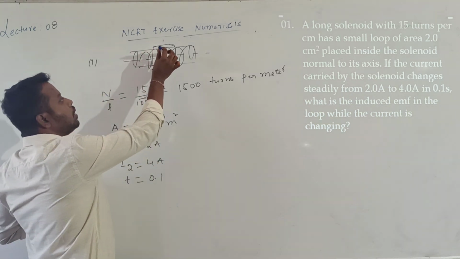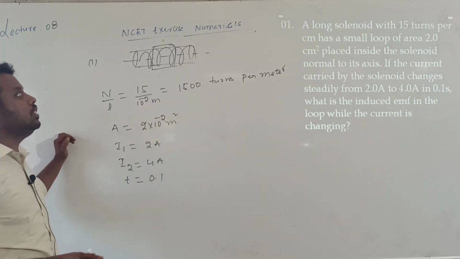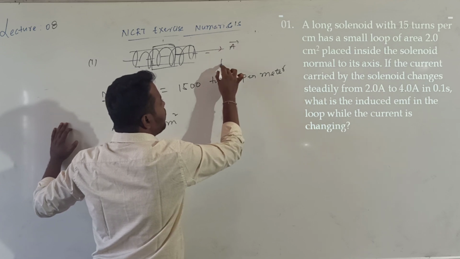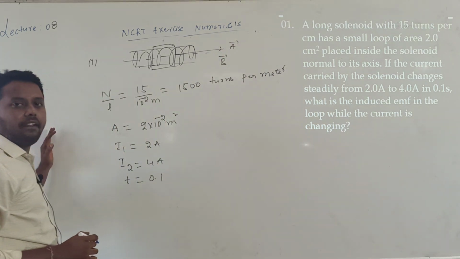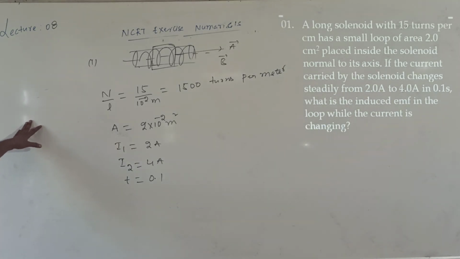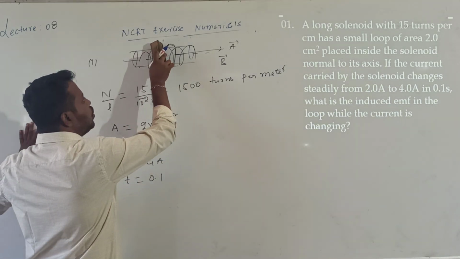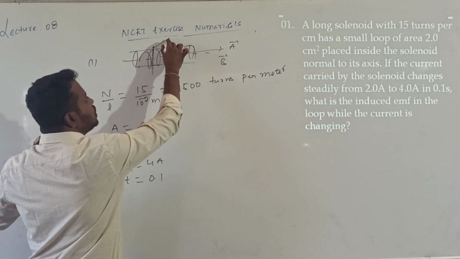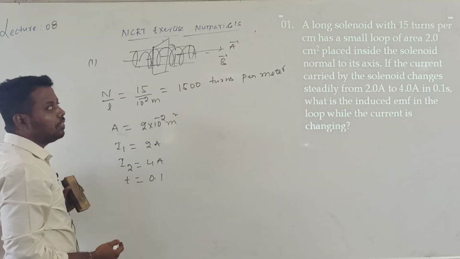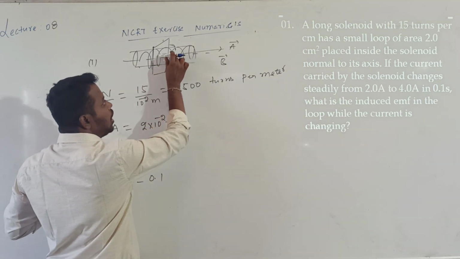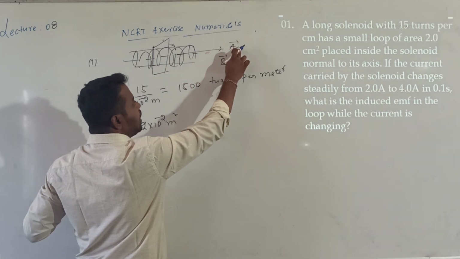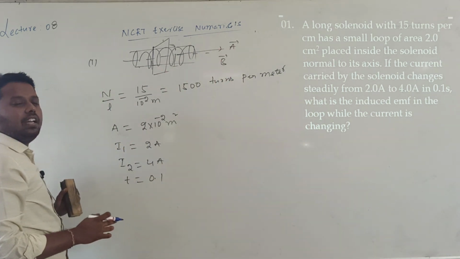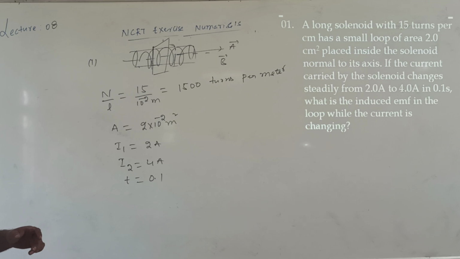The normal to the loop gives the direction of the A bar, and the direction of the B bar is along the axis. So B bar and A bar are along the same line, and theta is equal to 0.